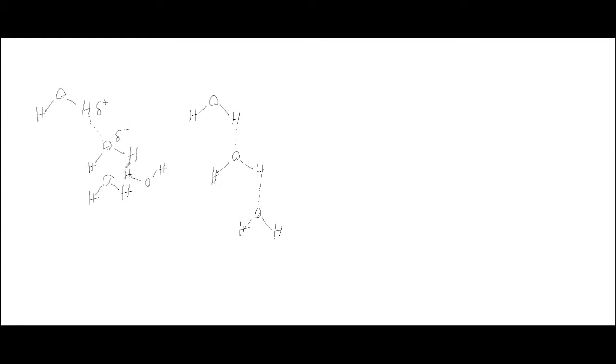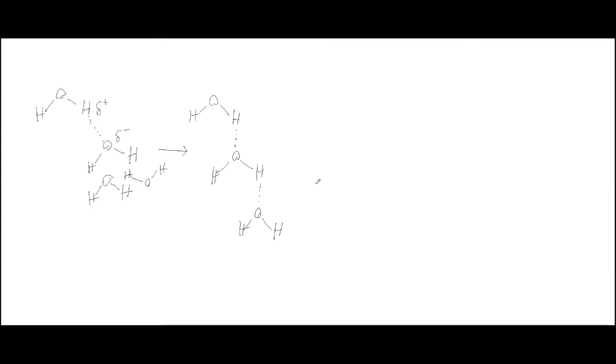They're all crammed together, but then when we lower the temperature to freezing, these actually align at these regular distances. And that's why frozen water or ice is less dense than liquid water. That's why ice floats in liquid water rather than sinks. You would usually think that something that's solid is more dense and would sink in its liquid form, but that is in fact not the case with water.